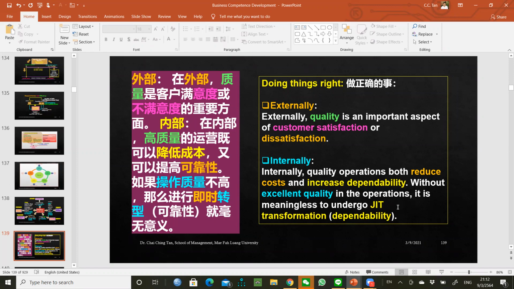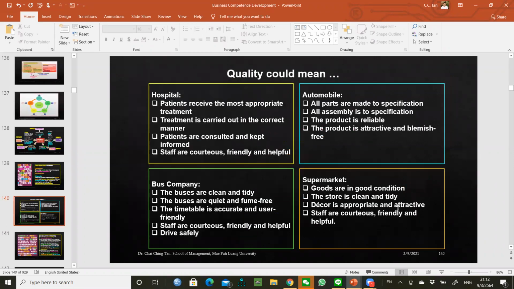Competitive strategies say you want just in time, but if you don't have the business competency, how are you going to do it? So the competitive strategies, just in time, and the competencies that I just explained at the 5X are mutually supporting each other, right? This is very important, so please seriously look into the detail. And quality could mean different things to different industries.